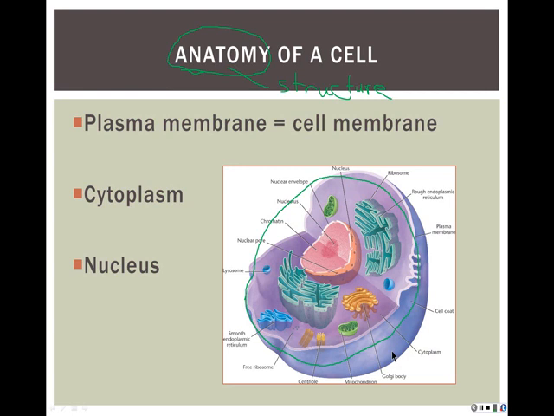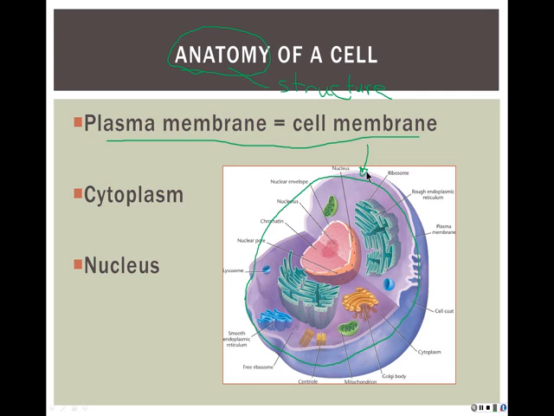The outside of a cell is a cell membrane. And this is a typical kind of basic cartoon-like diagram of a cell. This outer, what you might think of as a shell, is the cell membrane or the plasma membrane.